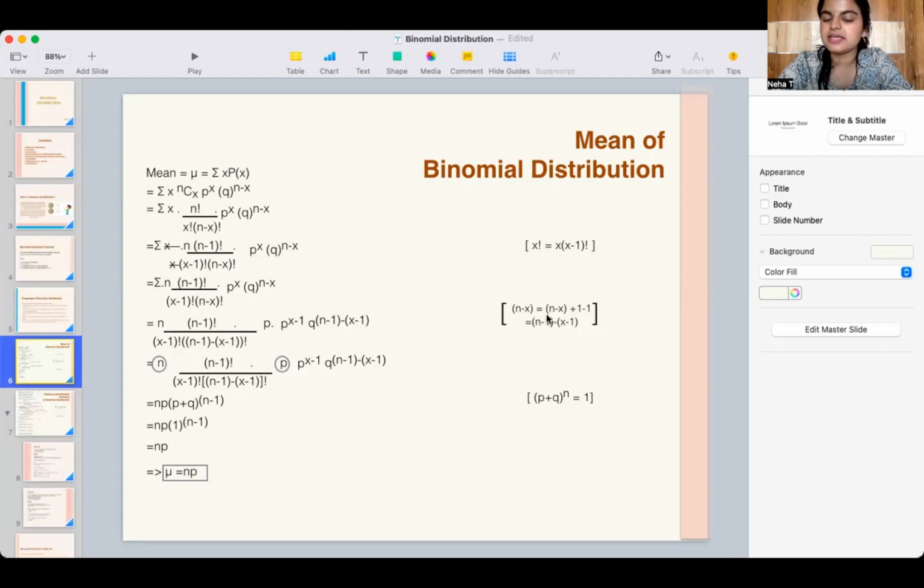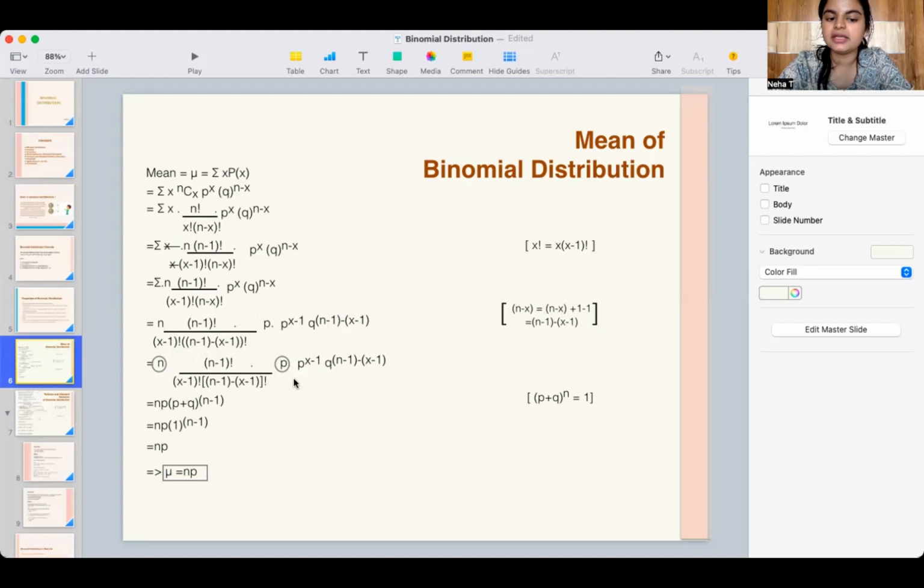We can write it as n minus x plus 1 minus 1, which equals (n minus 1) minus (x minus 1). We can write this n minus x as (n minus 1) minus (x minus 1). So we'll substitute this n minus x in the (n minus x) factorial in the denominator, and for q^(n-x), we'll substitute it. Then we'll be taking n and p together.